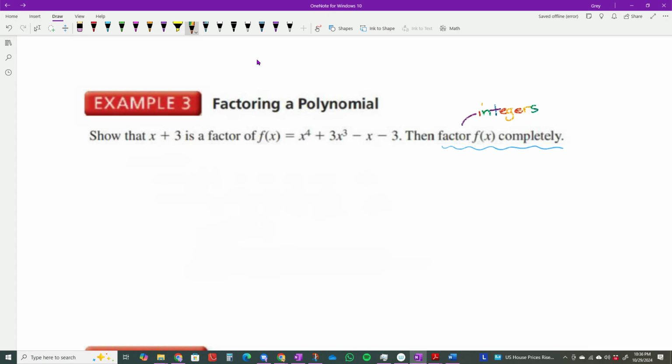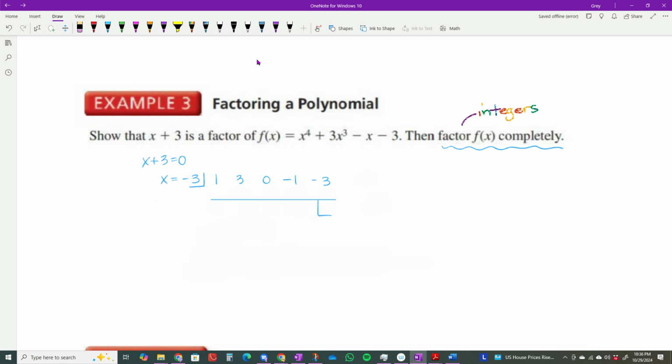All right, so show that x plus 3 is a factor. That means I'm going to remember x plus 3 would be equal to 0. So x would equal negative 3, and that means negative 3 is what goes in my box. And then I have 1x to the 4th, 3x cubed, 0x squared, negative 1x, and negative 3.